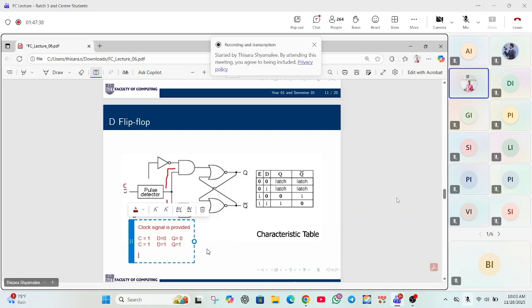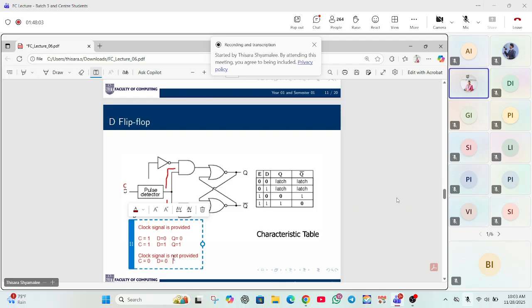Then let's take, if the clock signal is not provided, that means C equals 0, then D equals 0, the same thing.